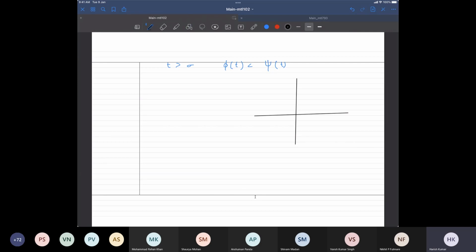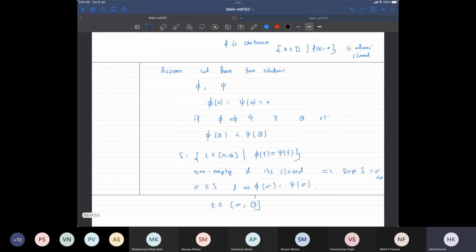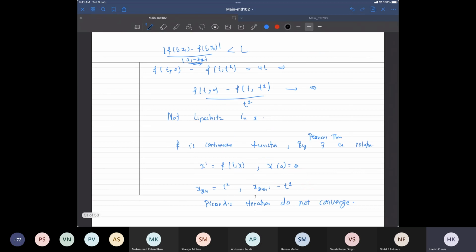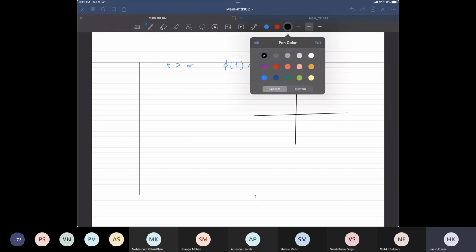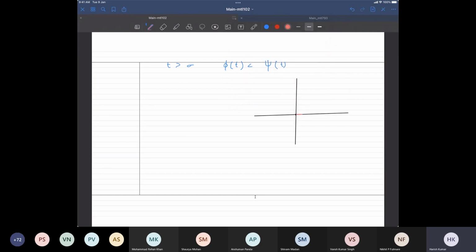So let us start. We are looking at 0, 0. Let us start from this point, and we'll have two solutions. Initially these two solutions might be the same for some time.